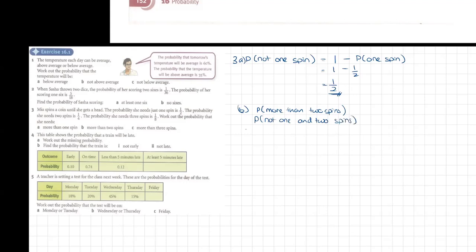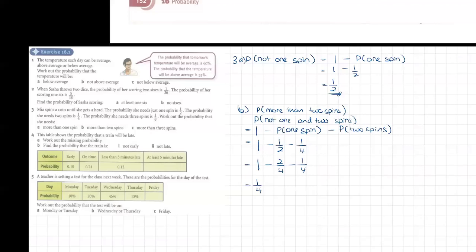So I can take 1 minus the probability of 1 spin minus the probability of 2 spins. That should give me my answer. So that equals 1 minus half minus a quarter. So the answer would be 1 minus 2 over 4 minus 1 over 4. The answer would be 1 over 4.